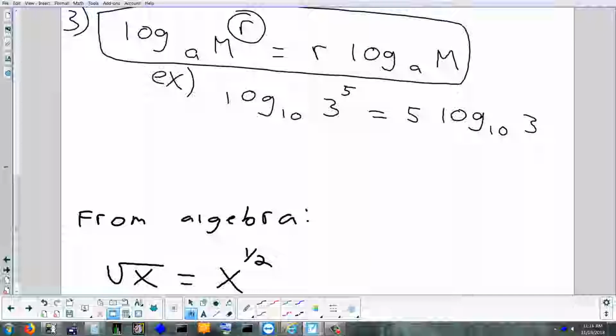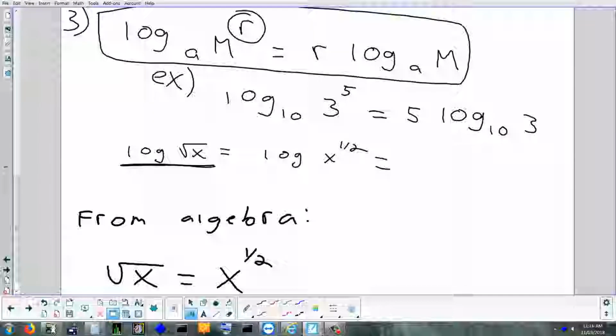The reason that's going to be important is because if you had something like this, and I said to you to rewrite this problem without exponents, and you look at it and you say there is no exponent, I'd say there is. It's hidden in the square root. So that really means this. Square root is the same as to a 1/2 power, and now you can put the 1/2 in front.